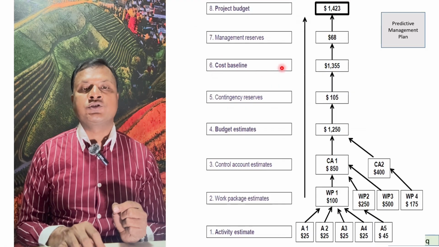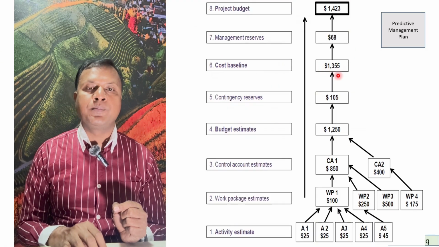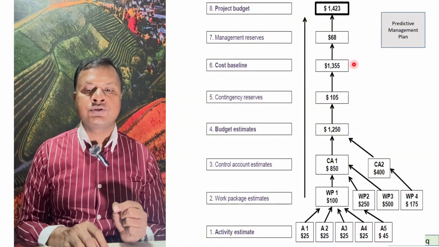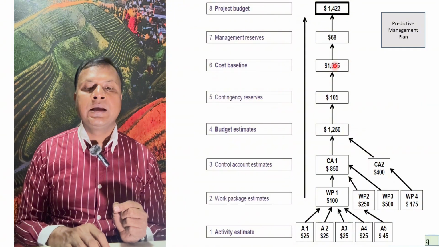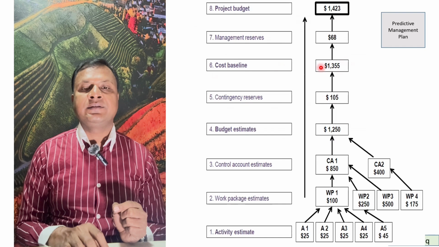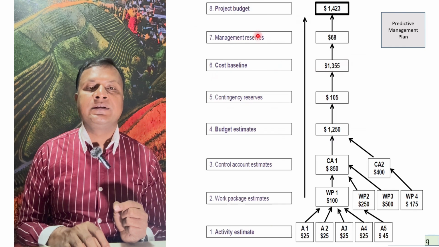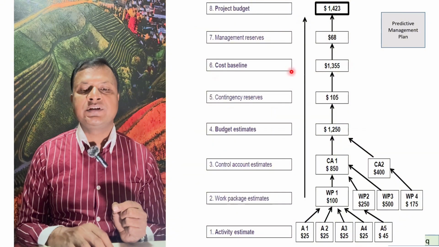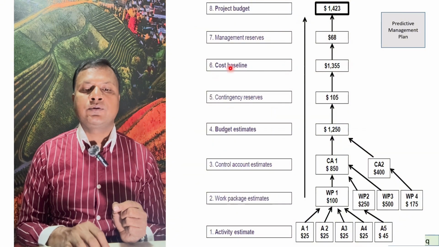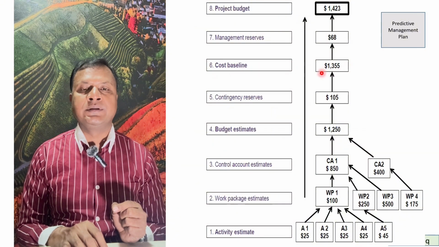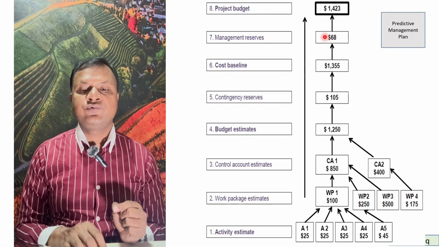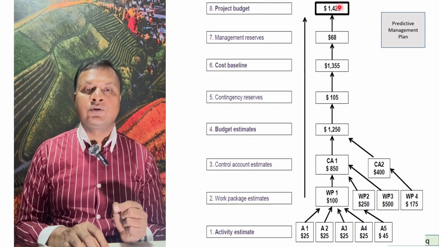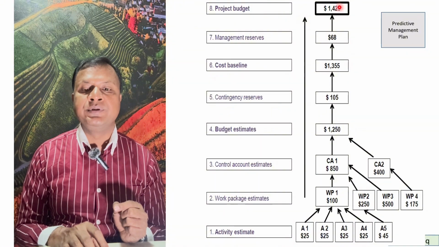Then we have the cost baseline, and this is approved by the authority, either the project manager or project sponsor or the product owner. After this, management, the leading positions, can keep some reserves. So that is outside the cost baseline, which is approved by the authority. If we add this, then we have the cost at completion, the budget at completion, BAC.